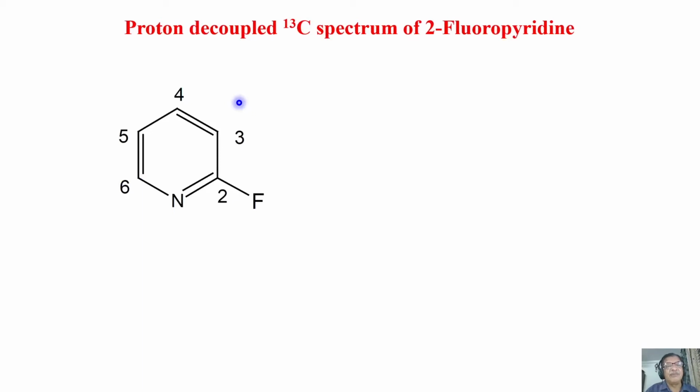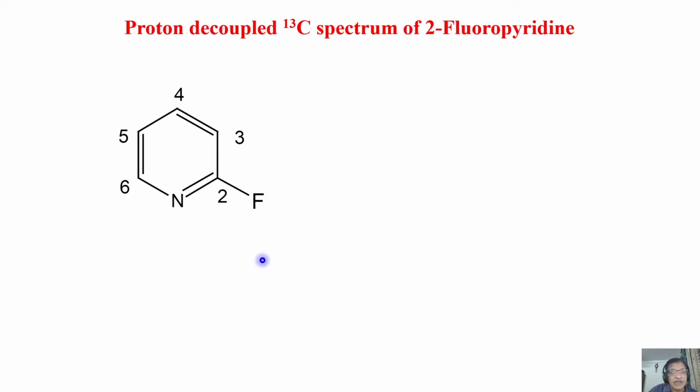Now take the simple example of a proton decoupled carbon-13 spectrum of 2-fluoropyridine. It is a simple molecule. There is a fluorine here. So what are the things you are observing here? Look at this one. This is a 1-bond carbon fluorine coupling. This carbon has to be a large doublet because 1-bond CF coupling is quite large, of the order of about 250 to 300 hertz or even more, sometimes 350 hertz you will see.